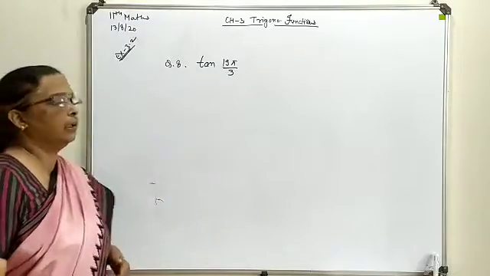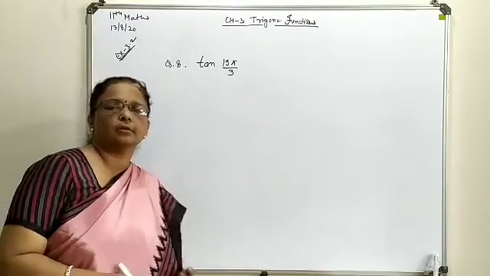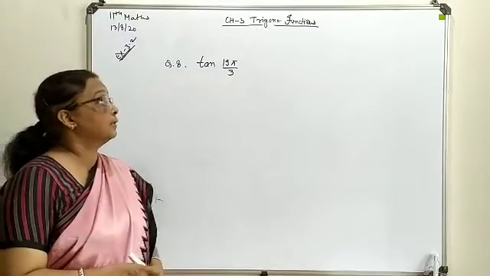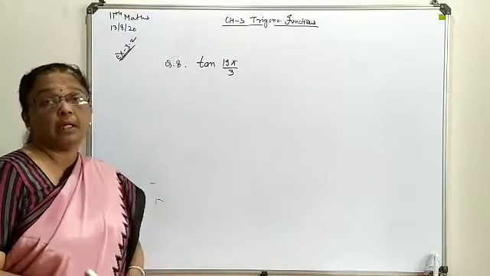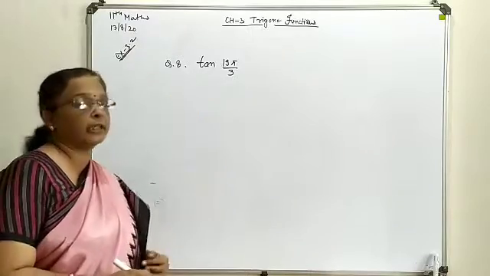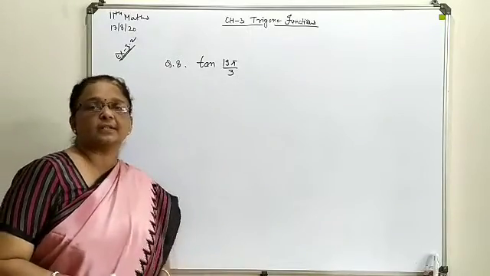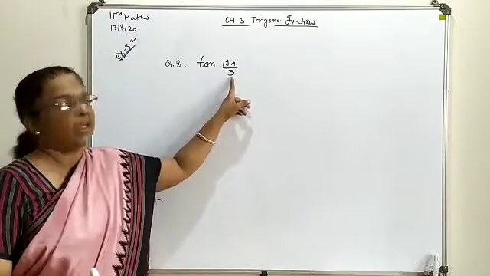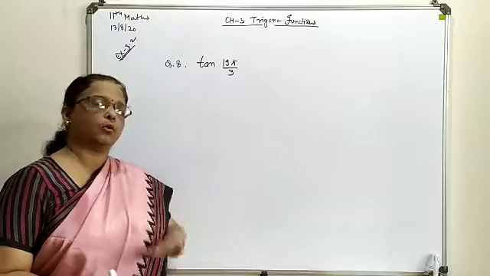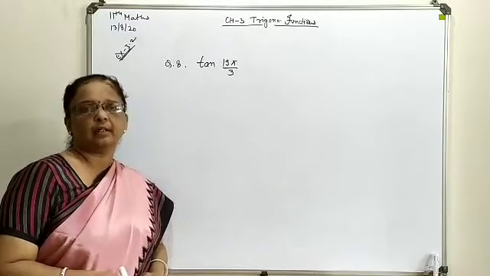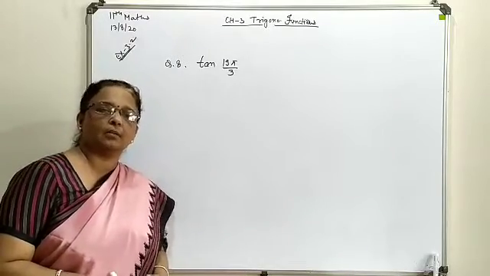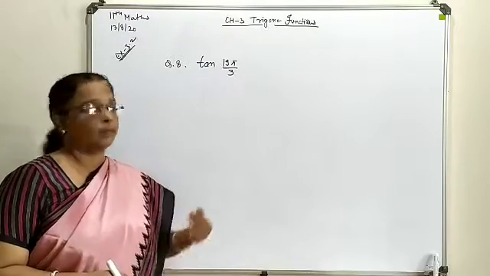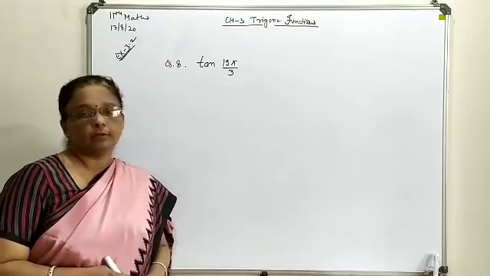Before that we had degree form, so it was clear what multiple we could split out. Here it is 19 pi upon 3. In this type of combination, try to split the numerator so that it can be written as a multiple of the denominator number, near to this number with a plus or minus combination. It is not necessary that every time you will have a plus or a subtractive combination. As per the availability of the angle, you will split it.